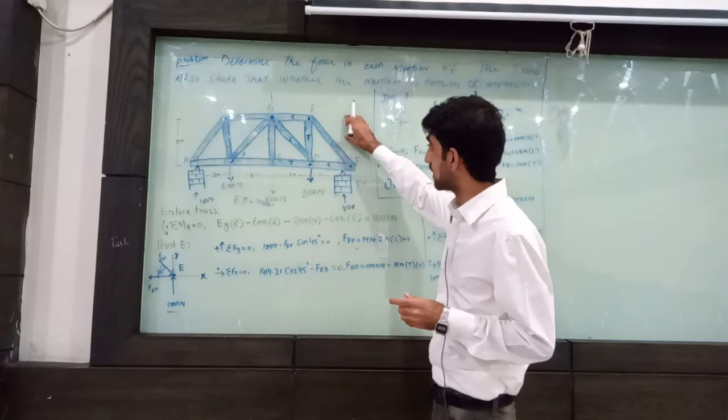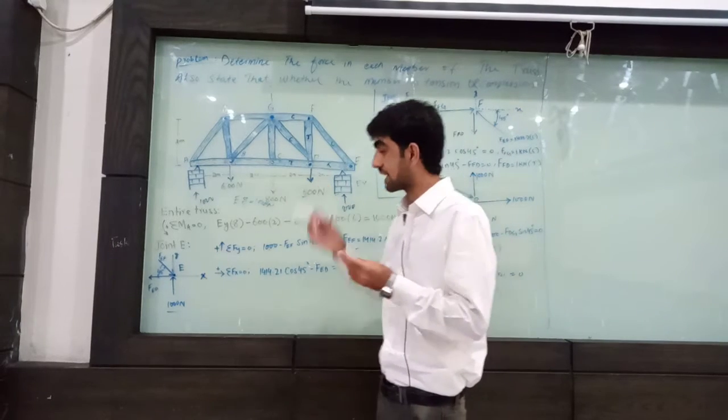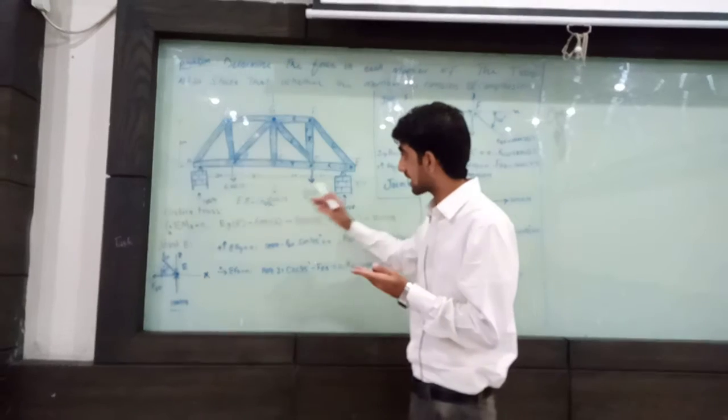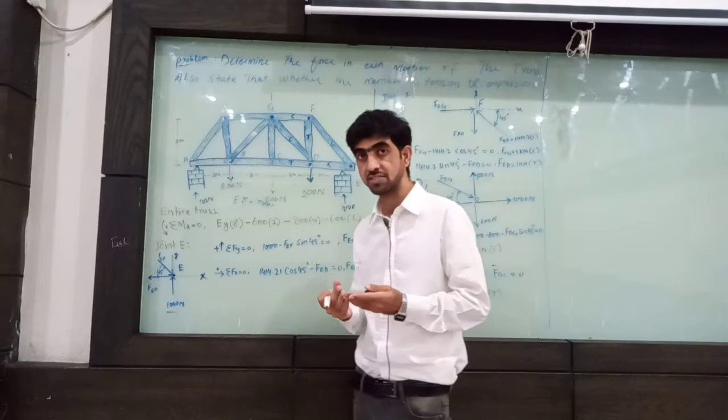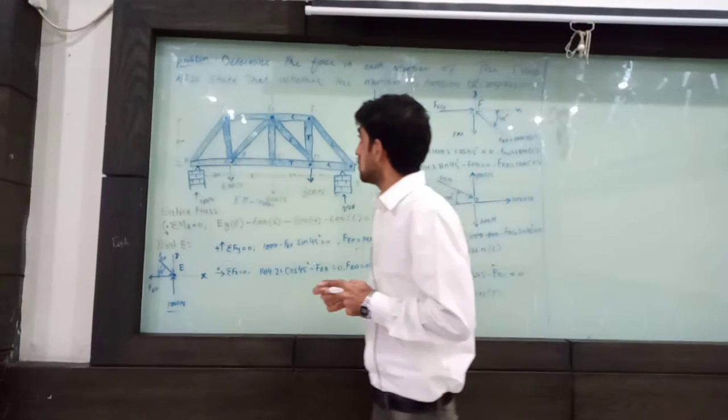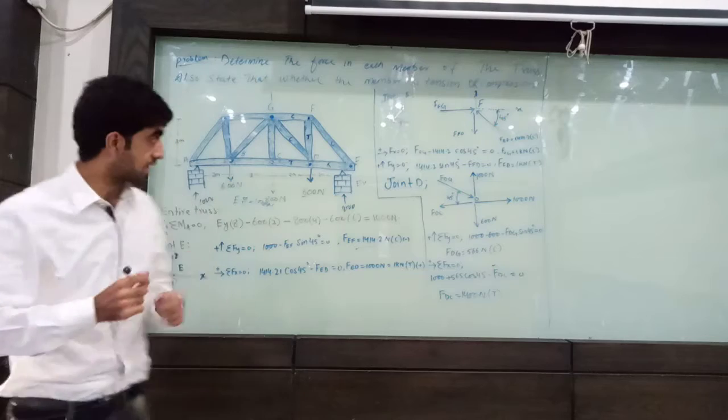First of all, we explain this structure, its connections, joints, inclined members, reactions, and distances. After that, we solve step by step.